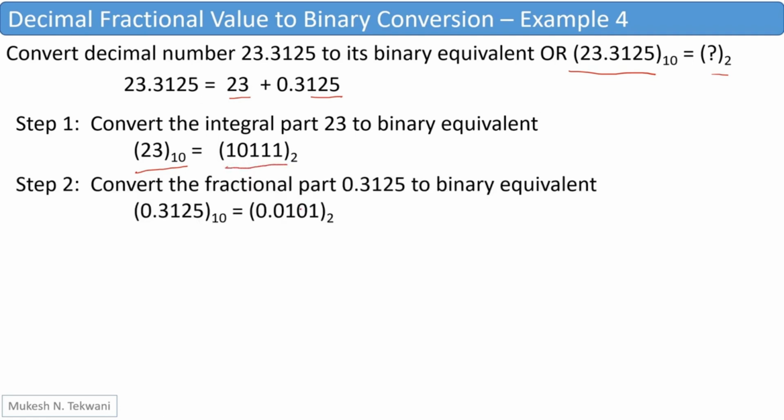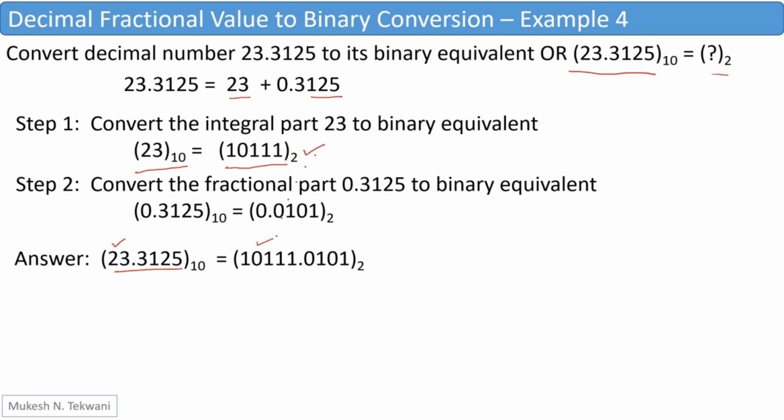In step 2, we will convert the fractional part 0.3125 to its binary equivalent. So that was 0.3125 is 0.0101, and therefore our final answer for 23.3125 will consist of the binary equivalent of 23, which is 10111.